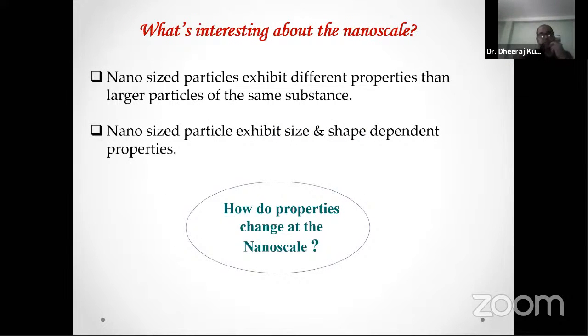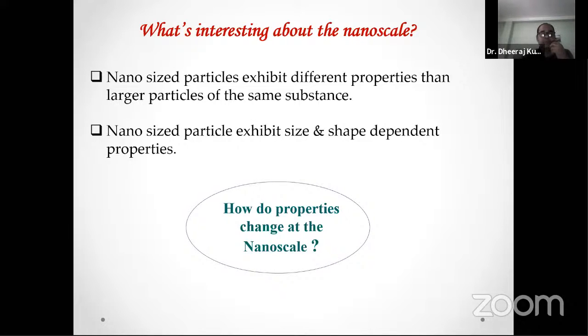The most interesting thing about nanomaterials is that in this size regime, material properties change very abruptly. A material which in the bulk phase behaves as a bad conductor or perfect insulator behaves very differently in the nano range. So all materials become candidates in nanoscience for study and for application.